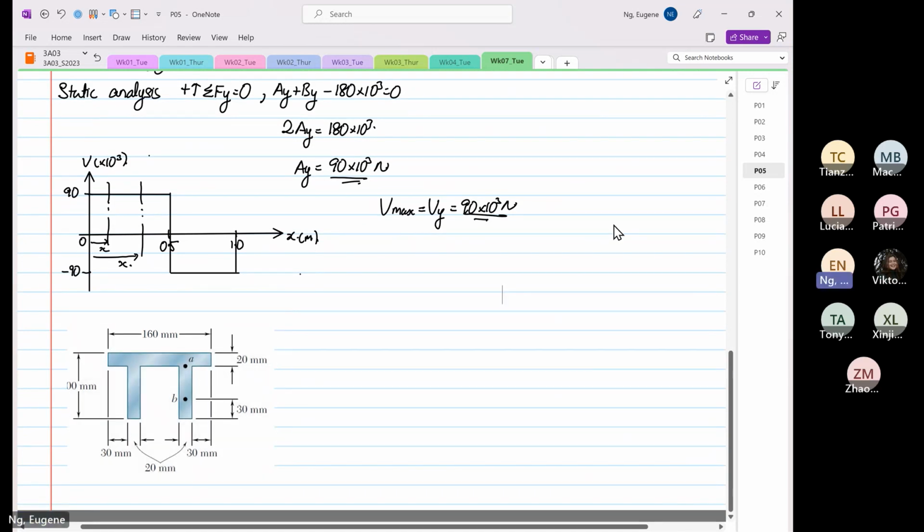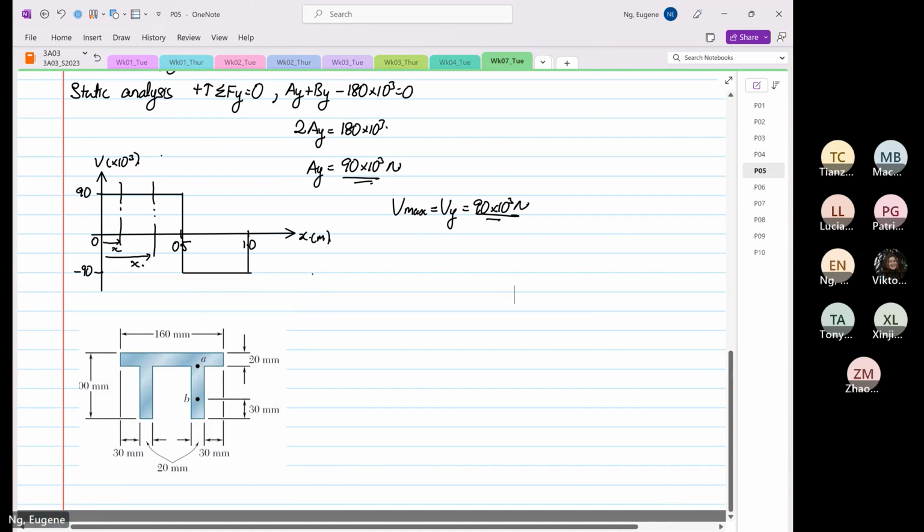Okay, so we want to find the shear XY at point A.